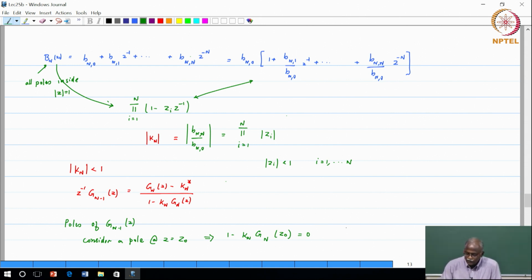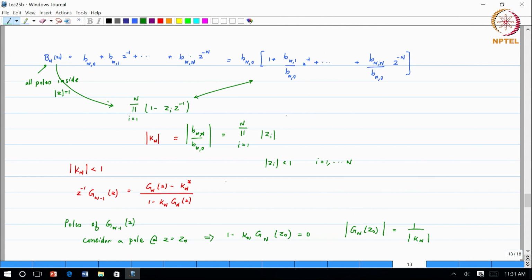From this we can also verify that mod Gn of Z naught is equal to 1 over mod Kn, correct. I have just rewritten that equation. Mod Kn is less than 1. So, 1 over mod Kn will be greater than 1. Now, what can you tell me from the maximum modulus theorem? It has to be inside the unit circle. Z naught has to be inside the unit circle. Okay. So, this implies Z naught lies inside the unit circle.